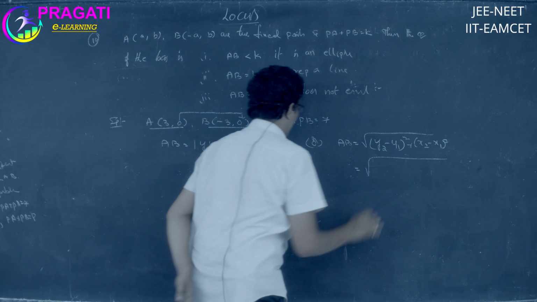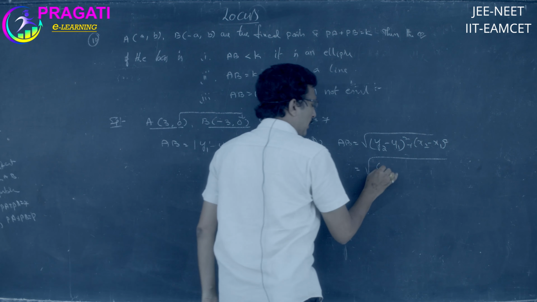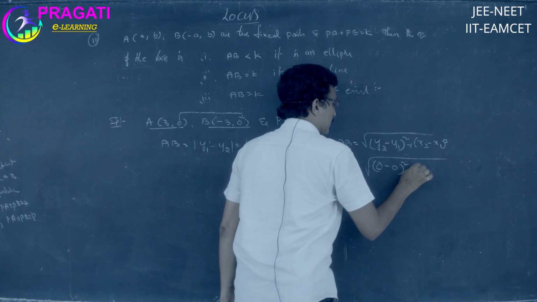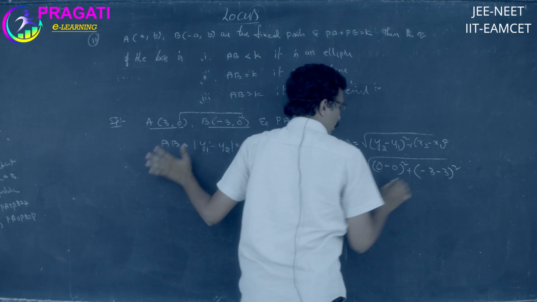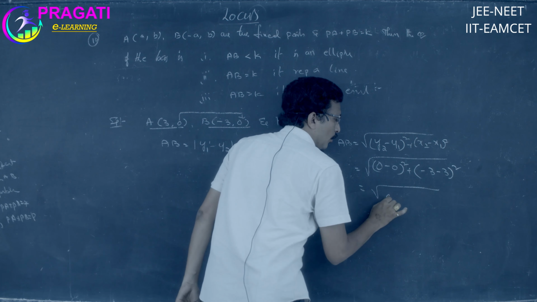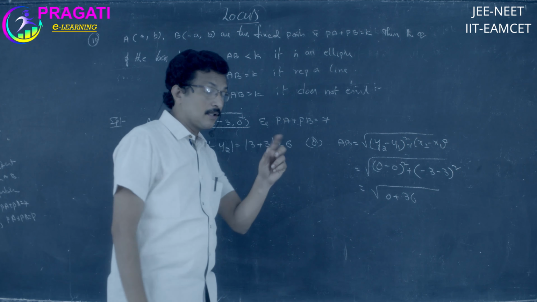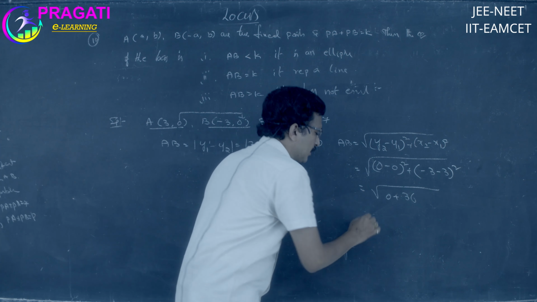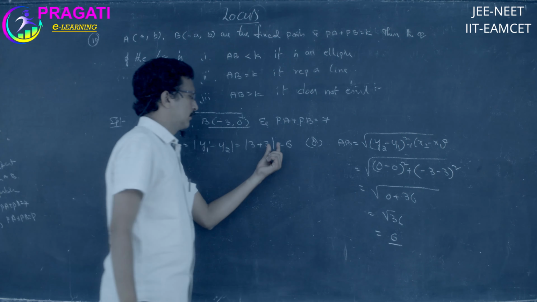Here y2 is 0 and y1 is 0, so 0 minus 0 whole square plus (minus 3 minus 3) whole square, that is root of 0 plus 36, root of 36 is equal to 6.